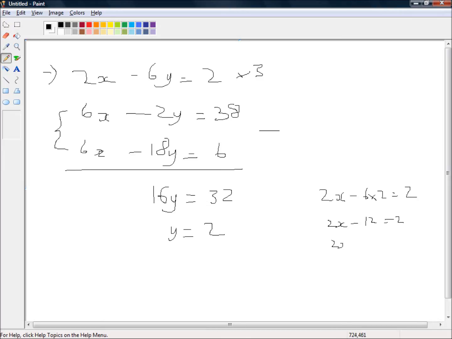So 2x is equal to 2 plus 12. So 2x is equal to 14. So x is equal to 14 divided by 2, which is 7. So our solution set is x equals 7, y equals 2, and if we're going to put that as an ordered pair, it's just 7, 2.